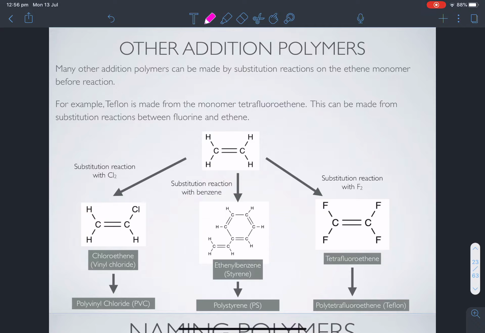Okay, PVC properties. Not only does it have dispersion forces between the chains, but because of the chlorine and the angles, you also get dipole-dipole interactions, because that is a polar bond. So you get dipole-dipole interactions between strands. It's a high tensile and rigid polymer, and amorphous in chain interactions.